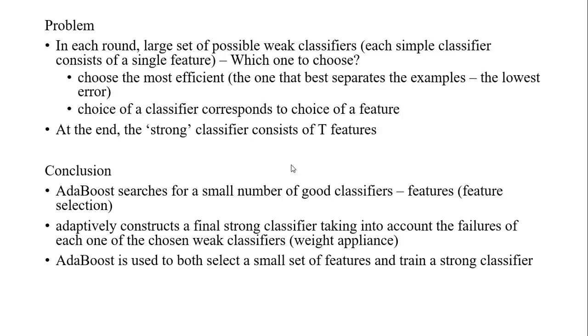We are basically selecting the features that we need, and it adaptively constructs a classifier taking into account the failures of each of the chosen weak classifiers. Then AdaBoost is used to select a small set of features and go on to train a strong classifier.